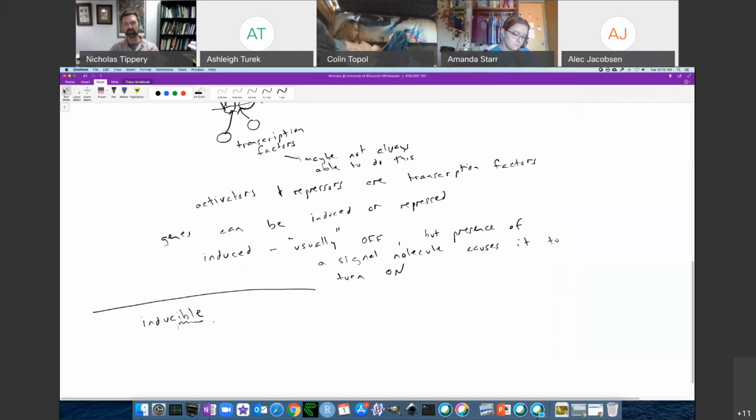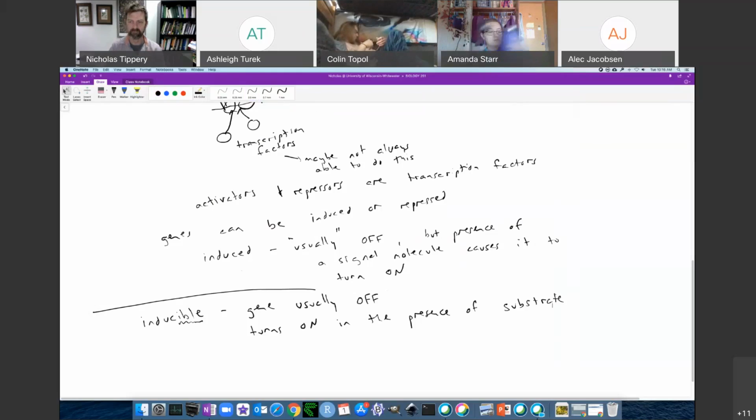So it's able to be induced. So gene usually off. Turns on in the presence of a substrate.